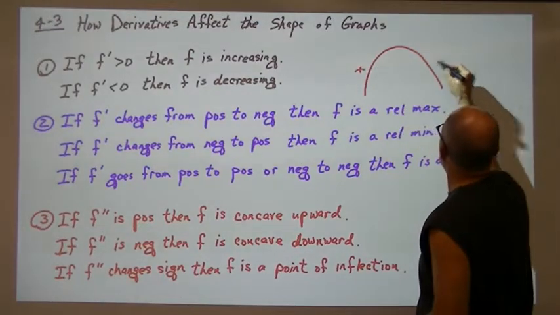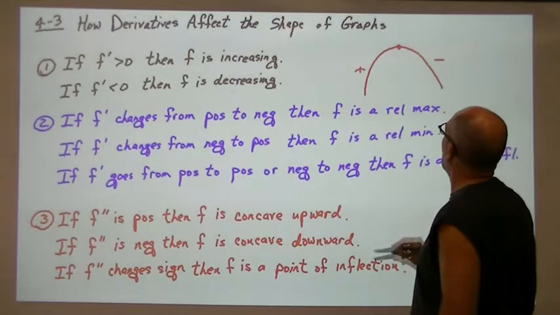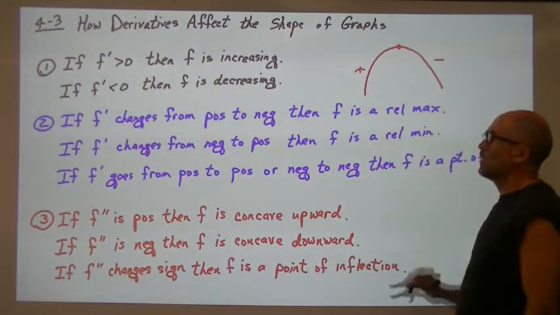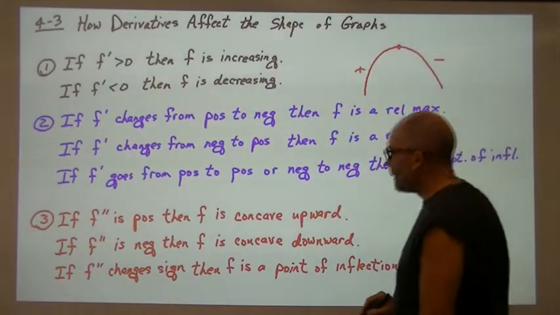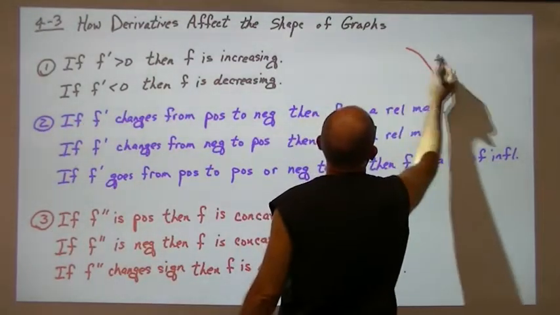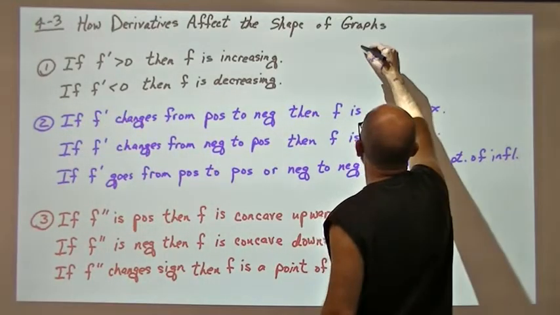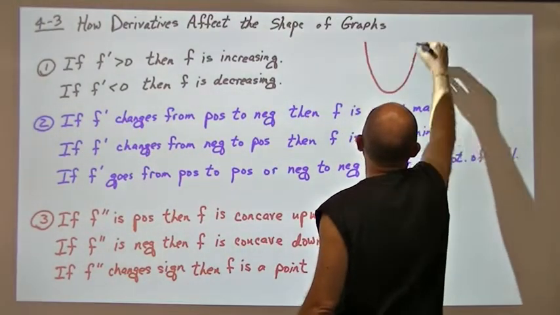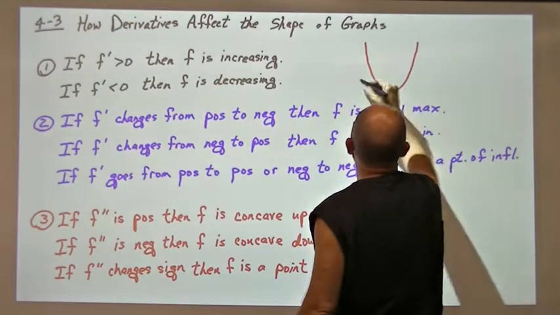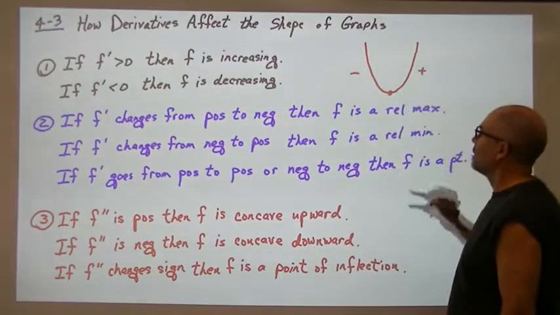Positive here, negative here. Where does it change? Right there. What does it mean about that point? It's a relative max. Now, if my first derivative changes from negative to positive, what happens there? Negative here, positive here. This is a relative min.